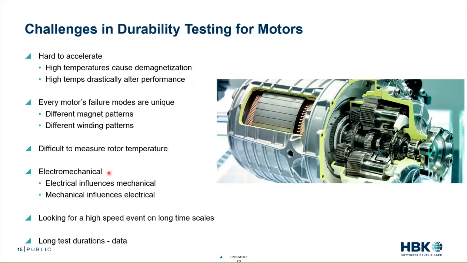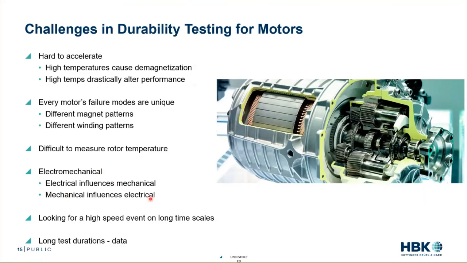It's a very electromechanical system. An inverter, this fast switching electrical device, is causing magnets, which is causing torque and speed, which is causing vibrations, torque ripple. And we have this issue of electrical influencing mechanical and mechanical influencing electrical. So we almost need to know how one is acting to understand why the other is.